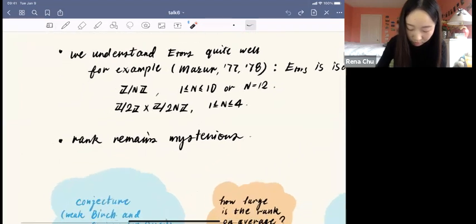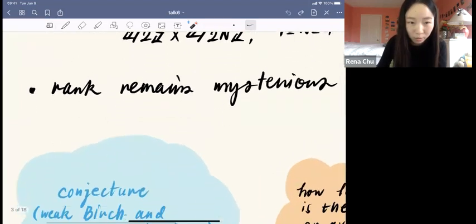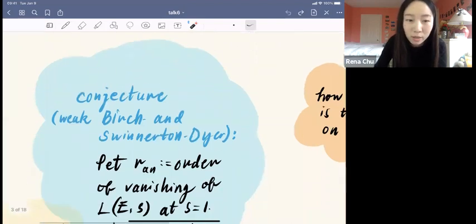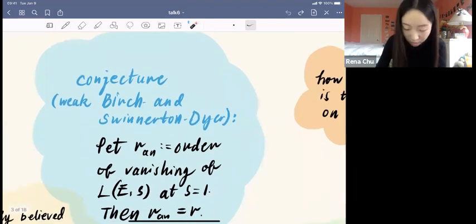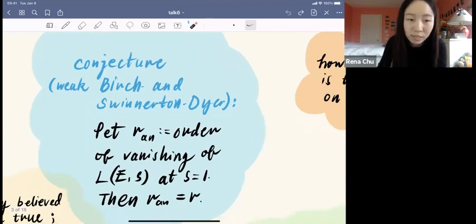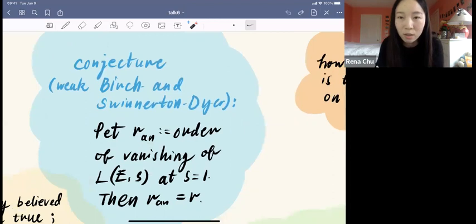One of the most famous conjectures related to this is the Birch and Swinnerton-Dyer conjecture, also known as the BSD conjecture. I'm just going to state a weak version of it, which says that if we define the analytic rank as the order of vanishing of the L-function at s equals 1, where the L-function is the L-function associated to the elliptic curve, then the conjecture states that the analytic rank is equal to the rank.